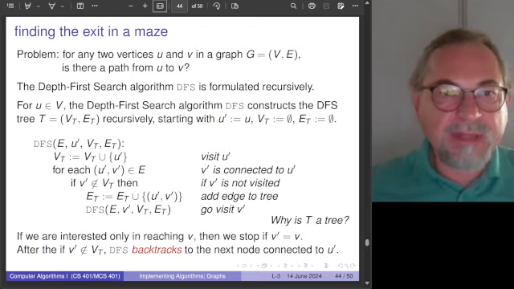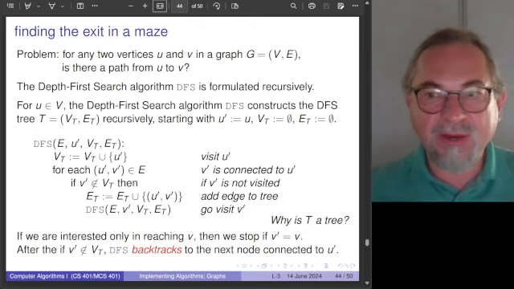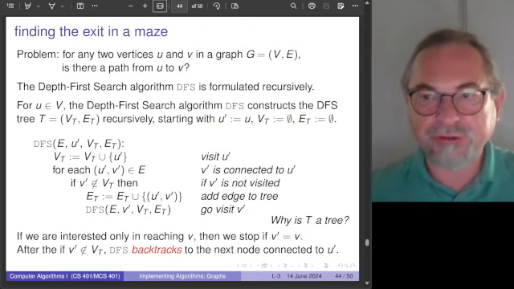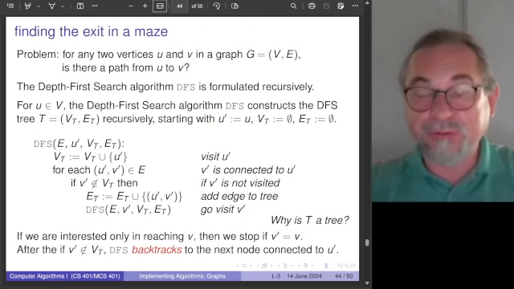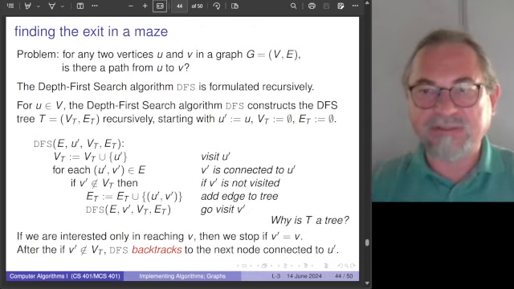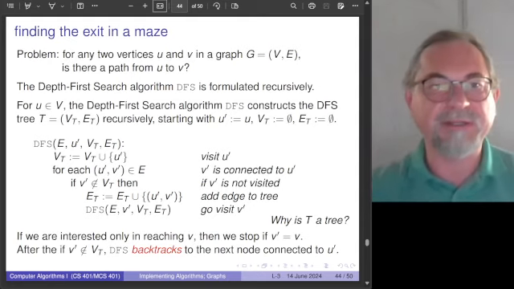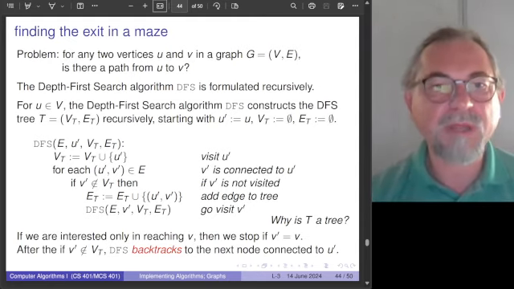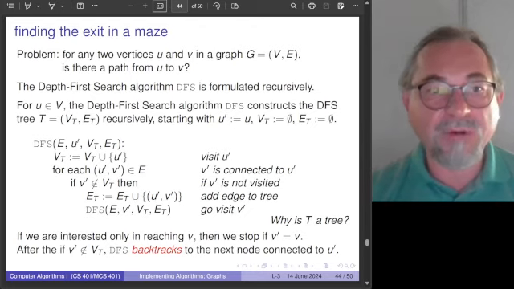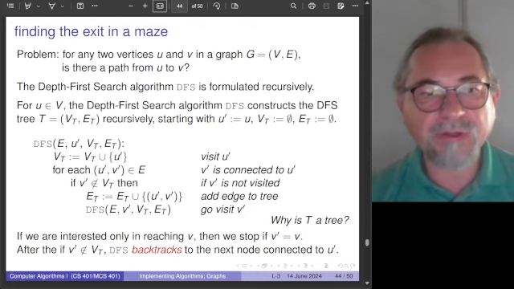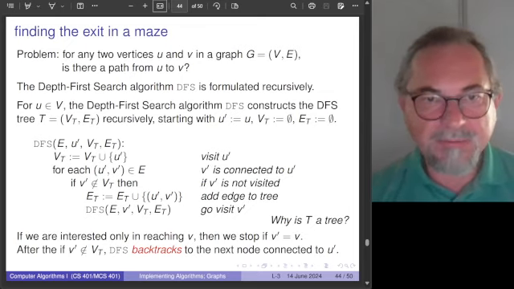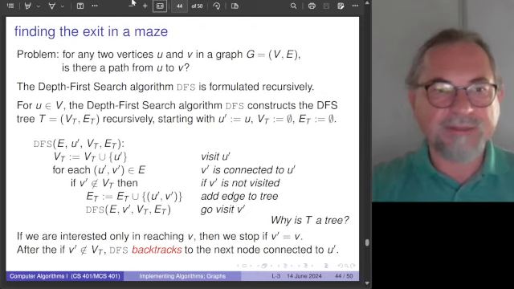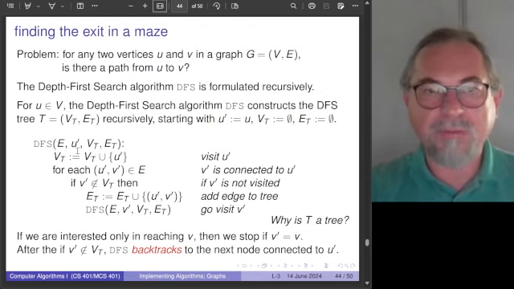Okay, and this is done by what is called a depth first search. And depth first, we're going to compute the tree as well. And since the trees in computer science are drawn upside down, it's like that we go deeper and deeper into that tree. So it's formulated recursively. So what I will be needing will be the edge set, E. We start at U, so the second argument of that algorithm is U prime.